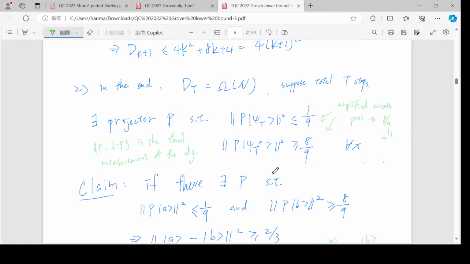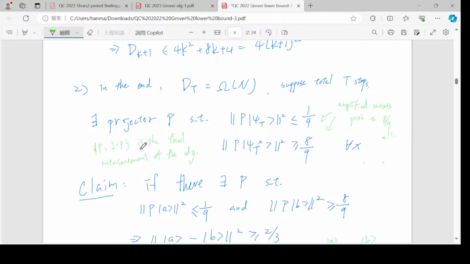And then to prove this, we need to use the fact that the algorithm actually makes a decision between yes instance and no instance. So suppose the algorithm makes a decision based on this projector. We can think that at the end, the algorithm makes a projective measurement, that's a measurement operator P and 1 minus P. This is without loss of generality.